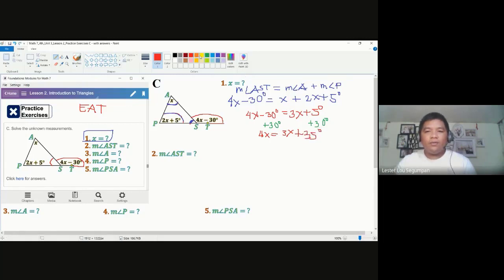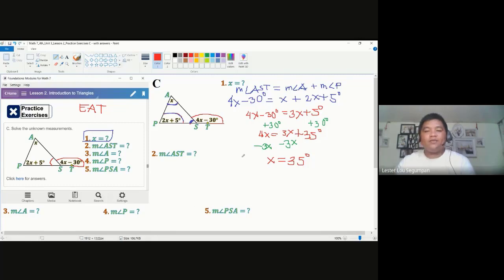Then we remove the algebraic form here: 4x minus 3x becomes x, and it's equal to 35 degrees. We do have a checking for this later, but our checking would need us to solve first the measurements of angle AST, angle A, and angle P with the use of this variable. So let us have our checking after number 4 and before we proceed to number 5.